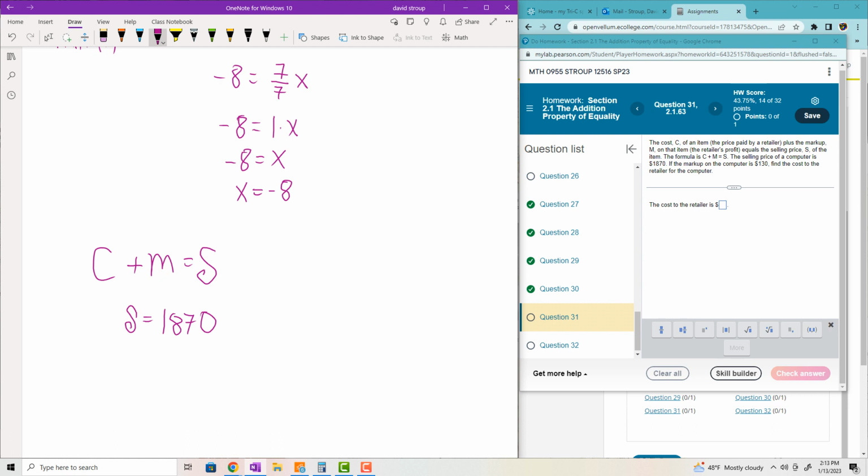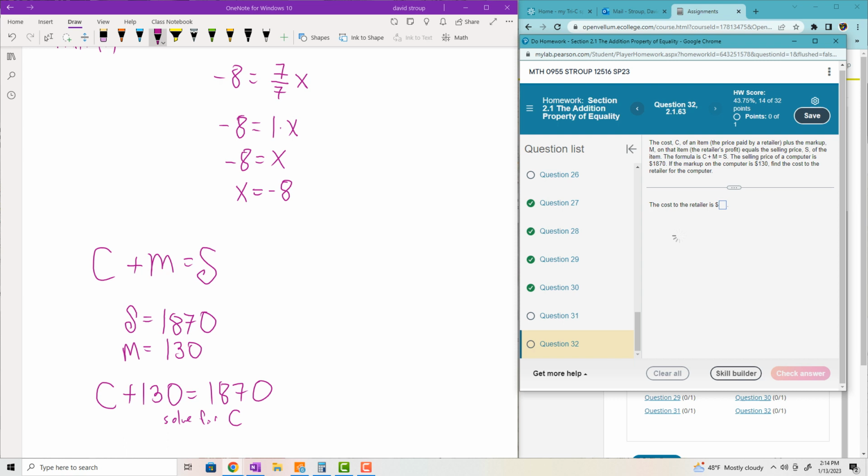Then they tell you the markup is 130, so M is going to be equal to 130. And then they want you to find the cost, right? So all you're going to do is substitute in and then solve for C. Okay, and that should be then your answer.